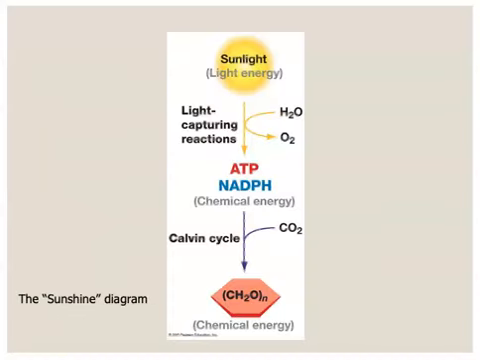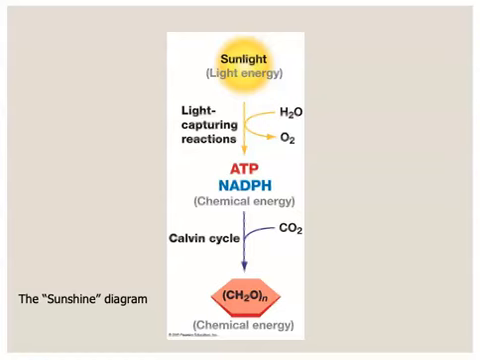The image on this slide is what is sometimes referred to as the sunshine diagram. It's a very simple diagram, but it summarizes the key points of photosynthesis. Photosynthesis begins with light energy that is emitted in the rays of the sun.